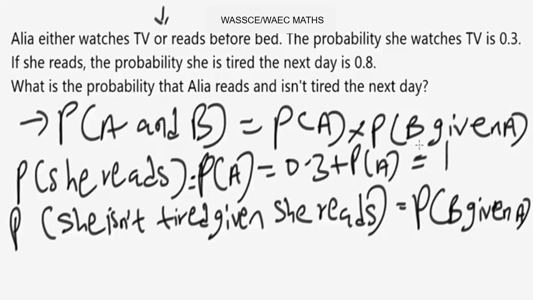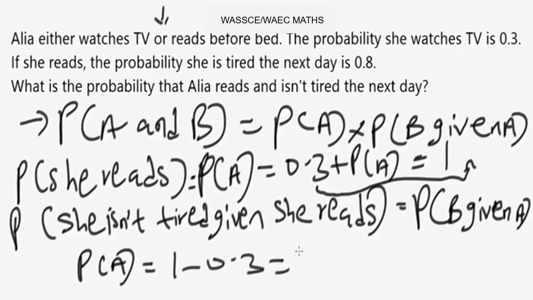We know that probabilities add up to 1, so one outcome has to emerge. When 0.3 crosses over the equality sign, it turns negative, so the probability of event A is 1 minus 0.3, which on the calculator gives 0.7.